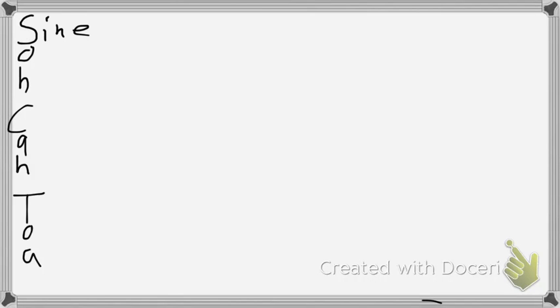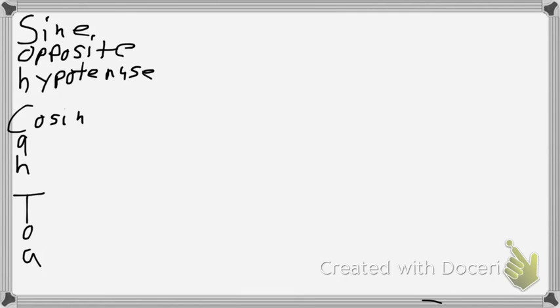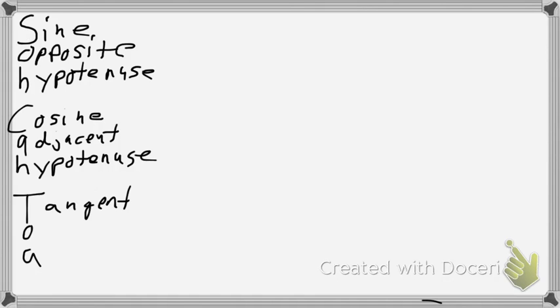Sine, as we just talked about, is the ratio of the opposite side over the hypotenuse. Cosine is the adjacent side over the hypotenuse. And tangent is the opposite side over the adjacent side.